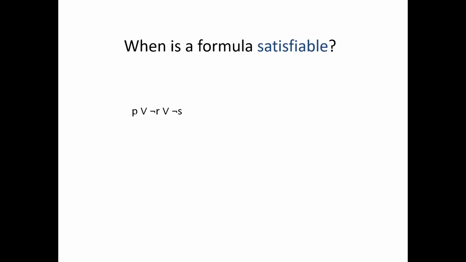So we read this: P or not R or not S. So P, R, and S are going to be your propositions. You can think of them for now as some variables that can either contain true or false, 1 or 0, yes or no.